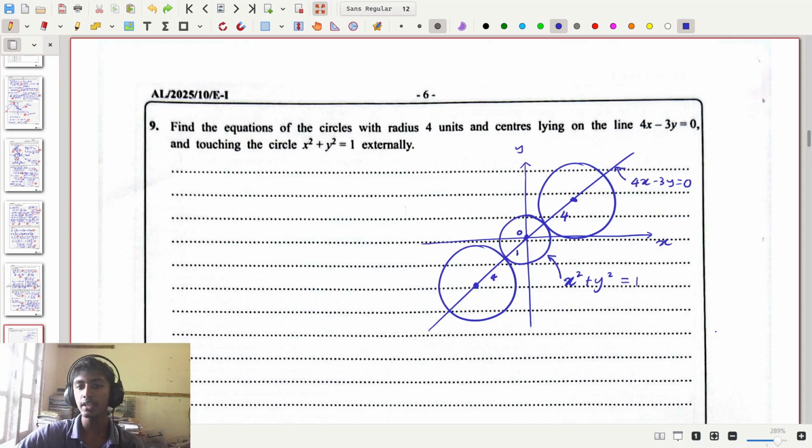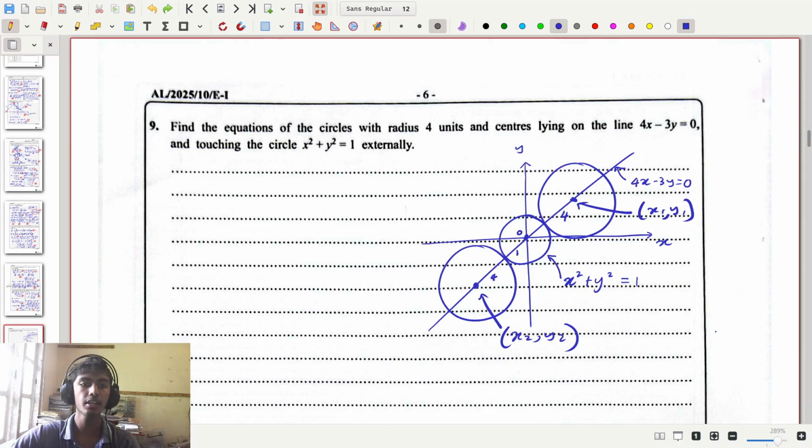So if we think about it, we can see that this center point, which I'm going to label as x1, y1, must lie on the line 4x minus 3y equals 0. Therefore, 4x1 minus 3y1 must equal 0. Similarly, if we consider this point here, which we'll label as x2, y2, then x2, y2 must also satisfy the condition that 4x2 minus 3y2 is equal to 0.